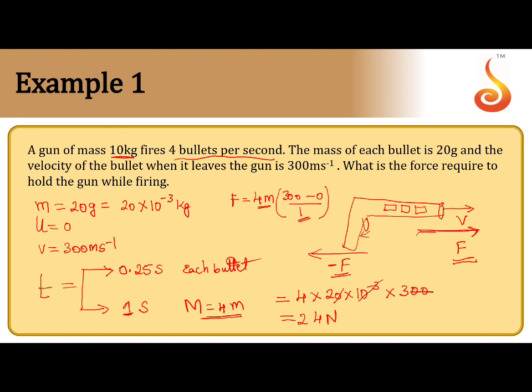So the bullet rushes out with 24 Newton. The gun will recoil with the same force in the opposite direction. I have to exert this much of a force to keep the gun stationary. This is problem number 1.